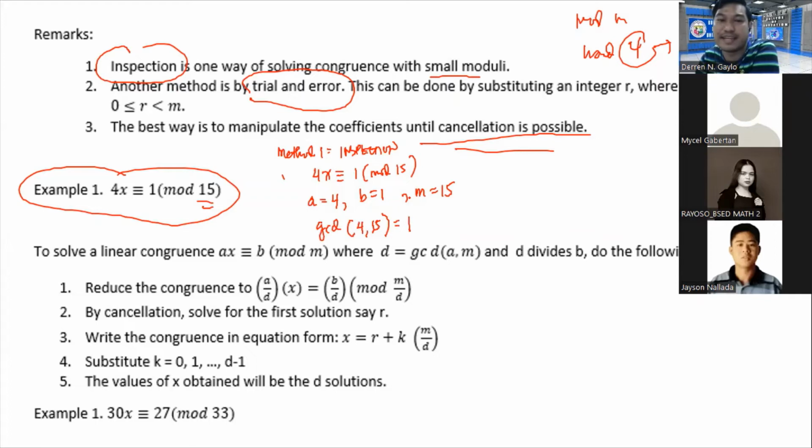They have nothing in common, neither 4 nor 15. And also, the GCD should divide B. Will 1 divide 1? Yes. Therefore, you have one solution.